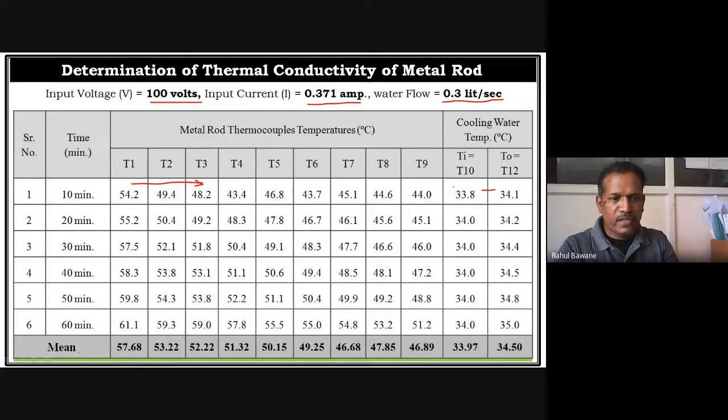Then we have to take the mean of all readings, and on the basis of these readings we have to calculate the thermal conductivity of our metal rod. And as I said, it is not a standard condition, it is not highly calibrated equipment, it is not under a standard environment. So our value will never come to 390, as 390 is for 20 degrees centigrade.